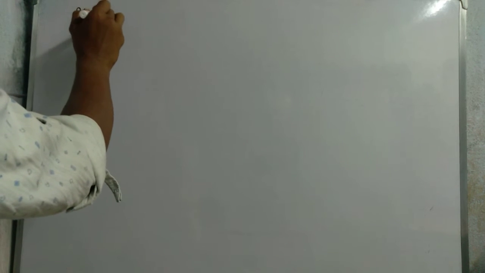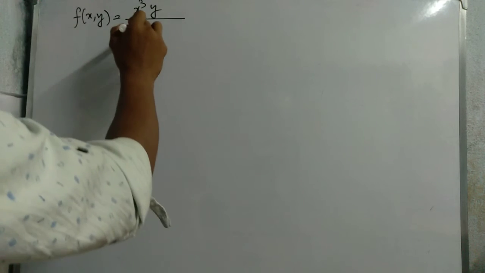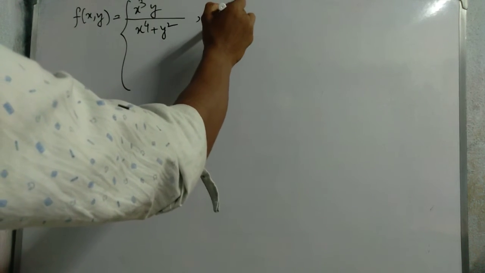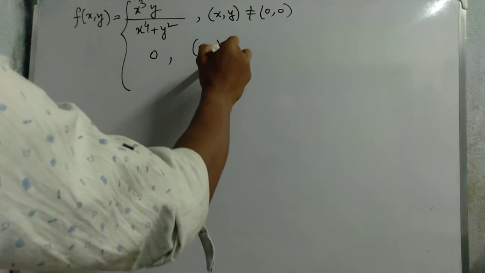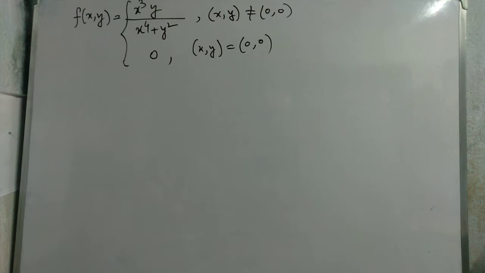Okay, so we also write f(x,y) equal to x cube y divided by x to the power 4 plus y squared, if (x,y) is not equal to (0,0). Then what happened?